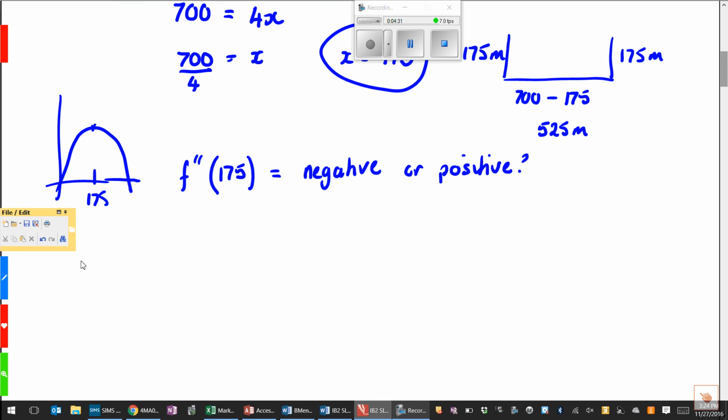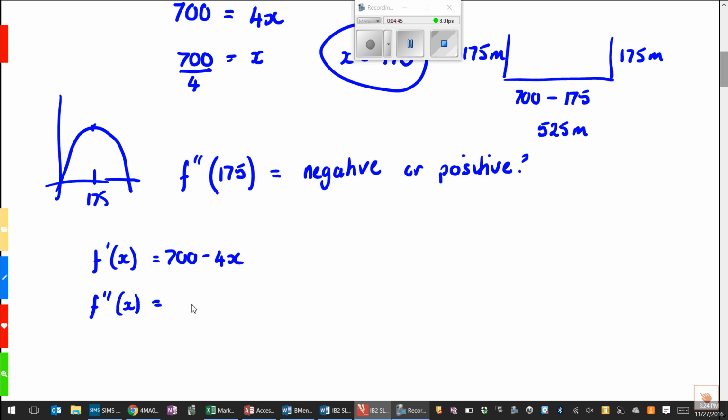So if f dash of x is 700 minus 4x, then f double dash of x will be just minus 4.